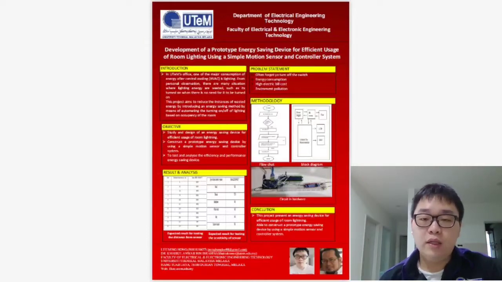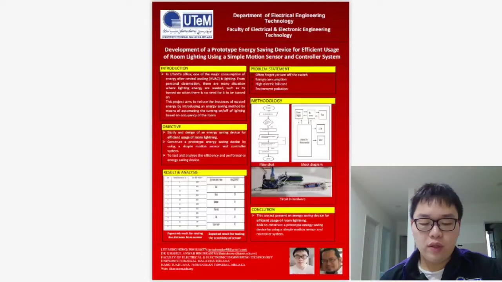Besides that is our block diagram. In the block diagram, first, the IR sensor will detect people going in and out of the room. It will give the information to the Arduino Uno microcontroller. The Arduino Uno will count the number of people entering the room and the number of people leaving the room.